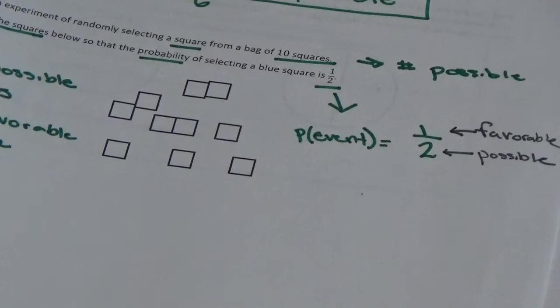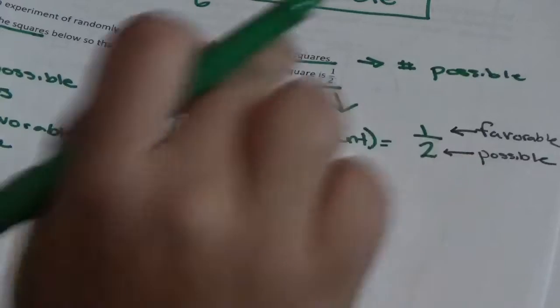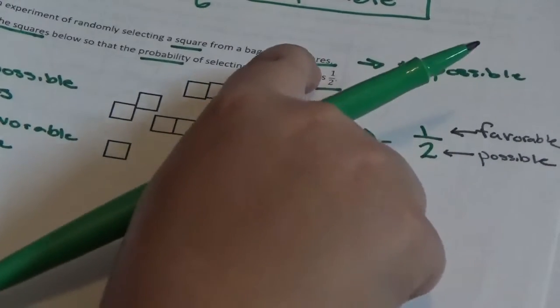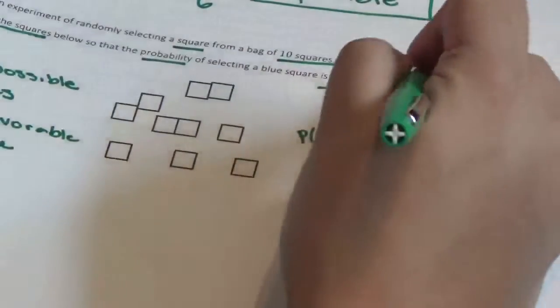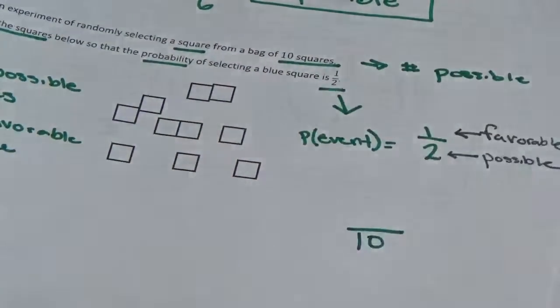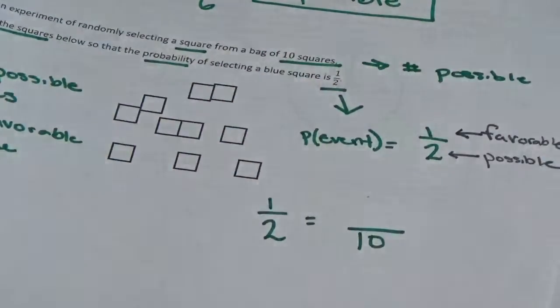Now, again, I have to work a little bit backwards on this one because they've given me the probability, but their possible outcomes doesn't match up with the number of actual possible outcomes. So I know that the actual possible outcomes is 10. And they've told me my probability is 1/2. So I'm doing y'all's favorite thing, which is scaling up and scaling down.